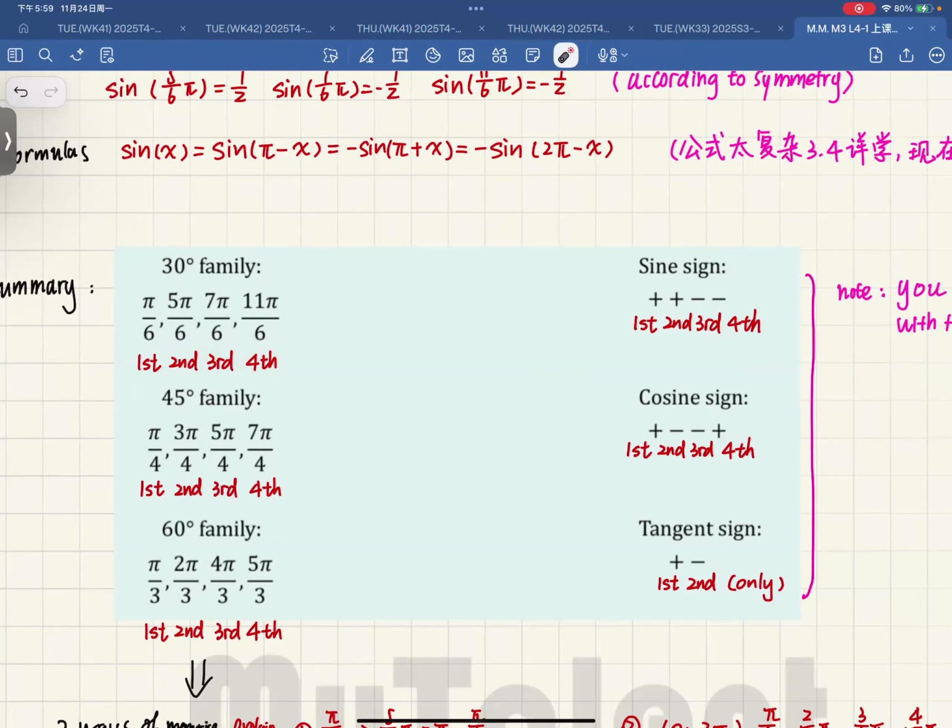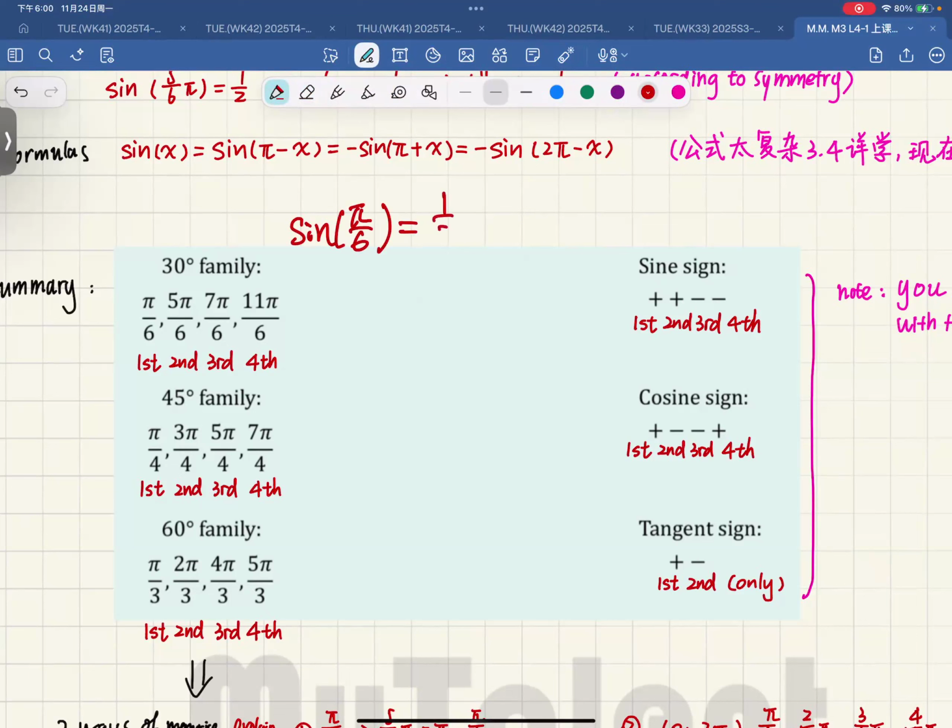Can you remember what sine pi on 6 equals? Remember the table? Yes, 1/2. If we memorize that sine pi on 6 is equal to 1/2, then we know all these y values.